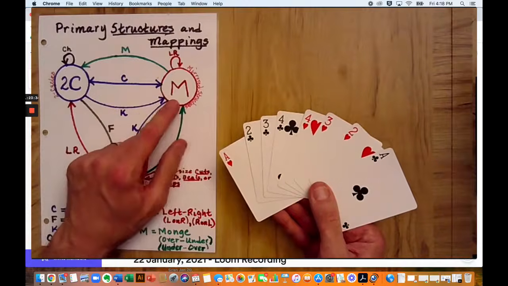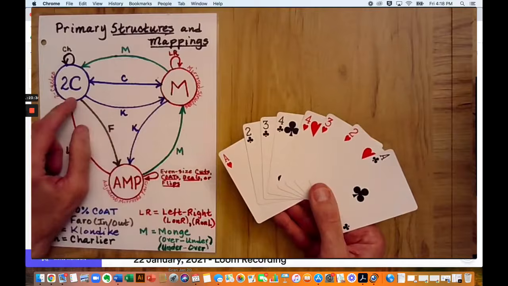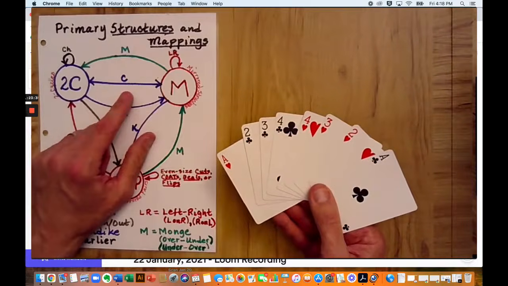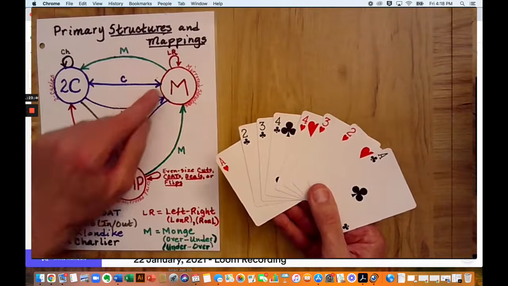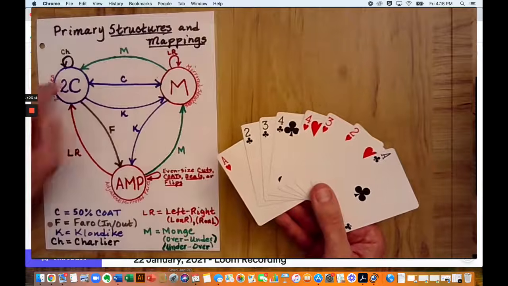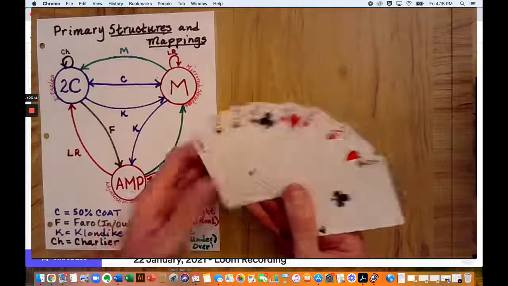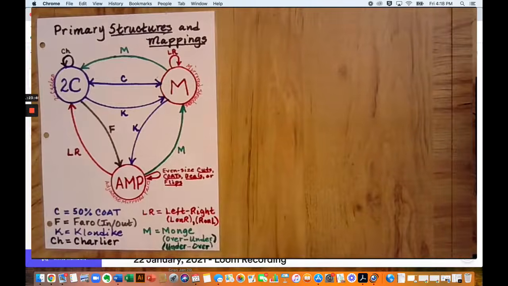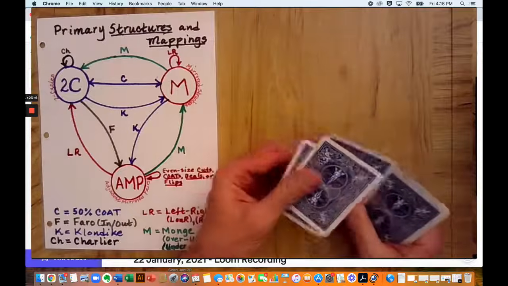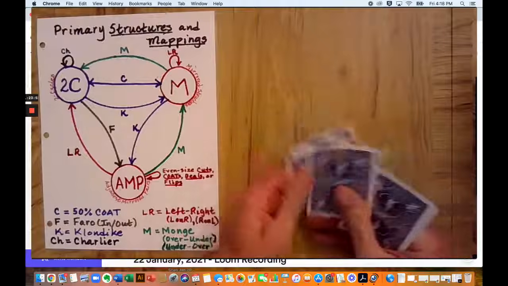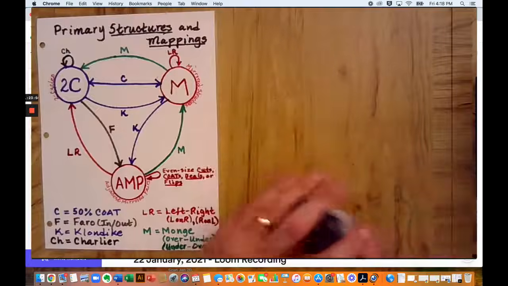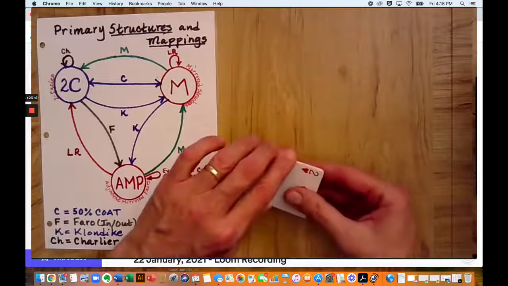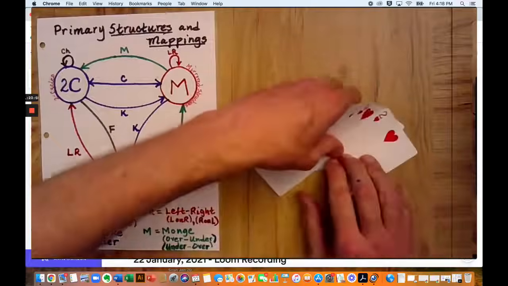Now, to get to a 2 cycle, we have a couple of paths. We can do another 50% coat, or we can do a mange. A mange, and it can be of either type. So we'll do over and then under, over, under, over, under, over. Okay, so that will take our mirrored structure to a 2 cycle.